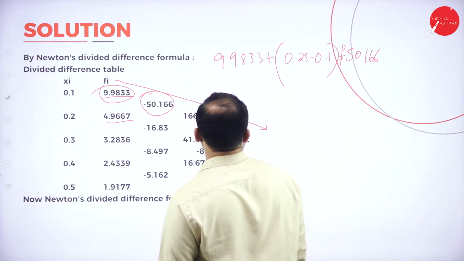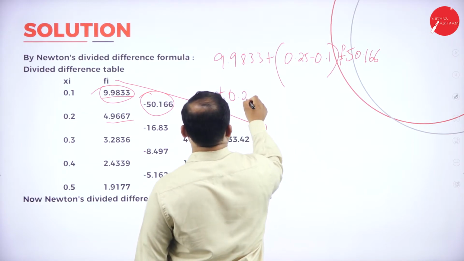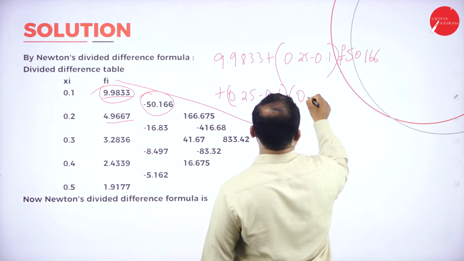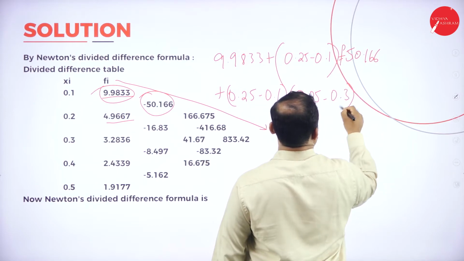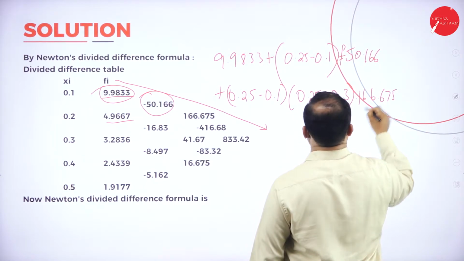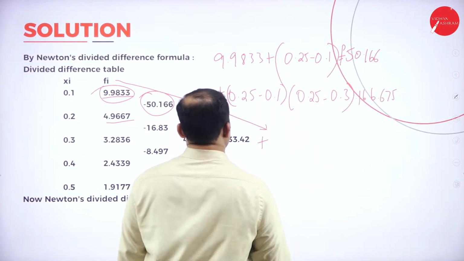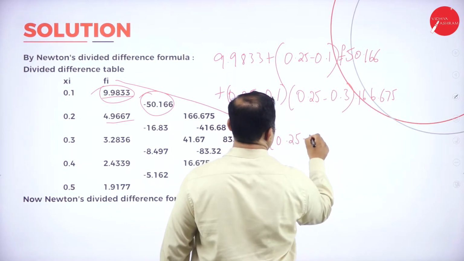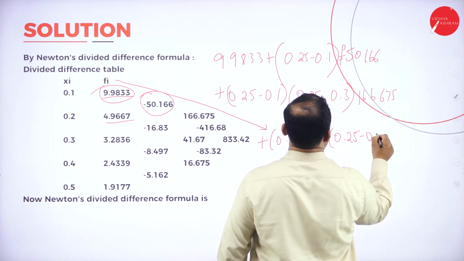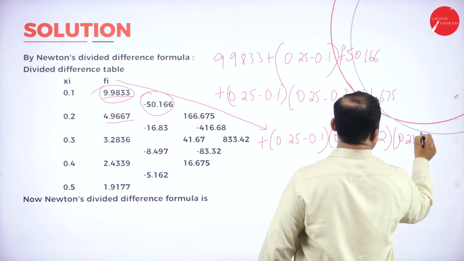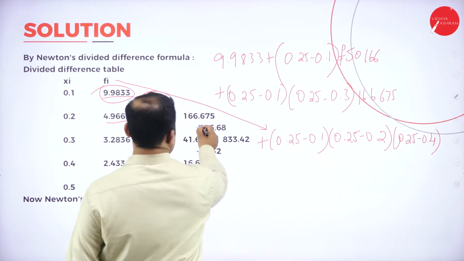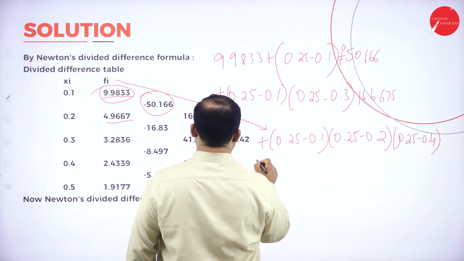That is 0.25 minus 0.1 into 0.25 minus 0.3 into 166.675 plus next term: 0.25 minus 0.1 into 0.25 minus 0.2 into 0.25 minus 0.4 into this term minus 41.